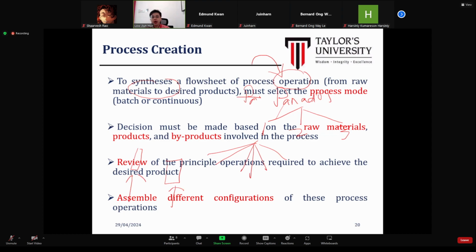You need to install the flash tank first, then only the distillation column, or maybe the other way around. So due to the different arrangement and connection of the unit operations, for each of the processes here you will come up with a lot of different possible process flow diagrams, even though the process or technology that you are going to use is similar.